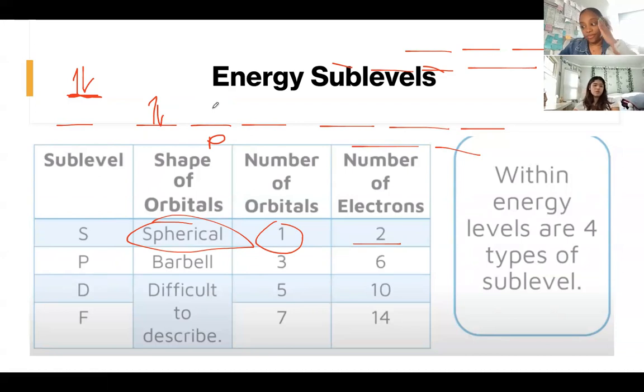Okay, so the arrows are the electrons, and the orbitals are like the dashes that hold the electrons? Exactly. For example, your sublevels are like your house.